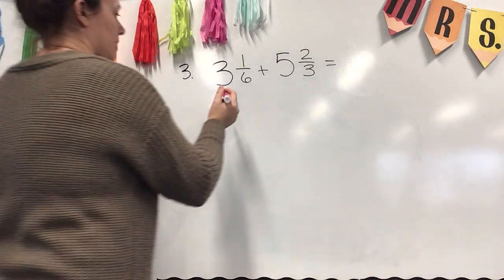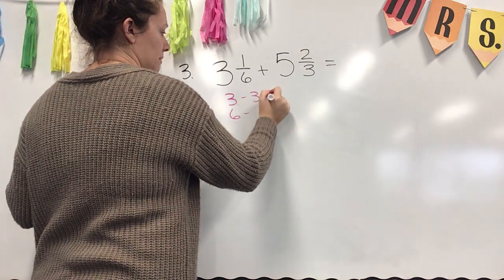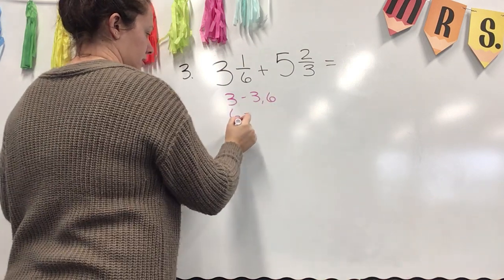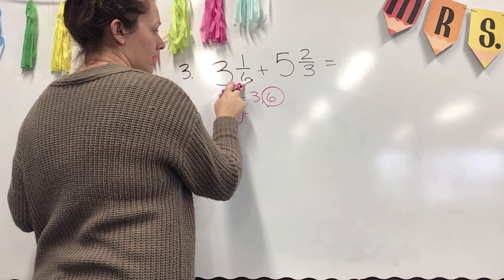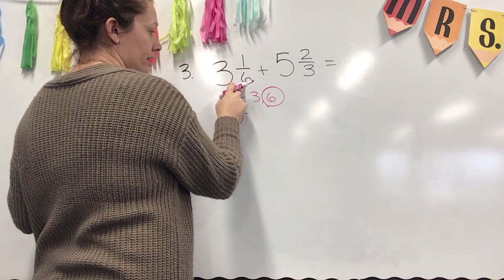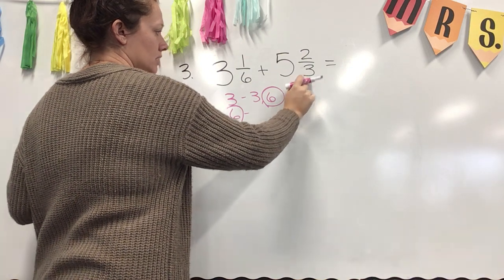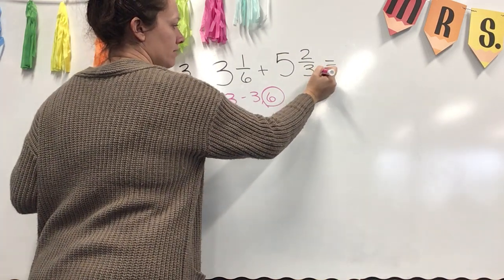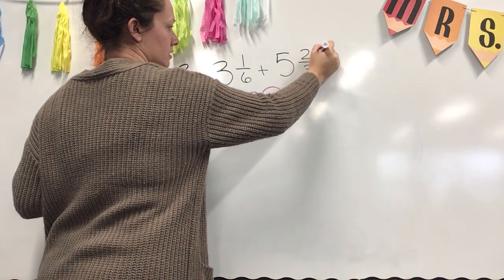No. So when I list my multiples here for 3 and 6, what's going to be my common denominator? 6. This one already is a 6. So do I need to change anything? This one though, however, is it a 6? No. 3 times what would give me 6? 2. And that jealous sibling also gets a 2.